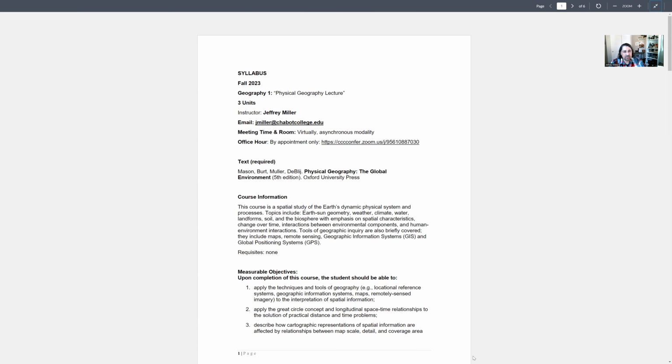I am requiring you to have a book. It's called Physical Geography, the Global Environment, the 5th edition, by Mason, Burt, Mueller, and de Blij. There's a few different editions. Anyways, that's what you need to get.